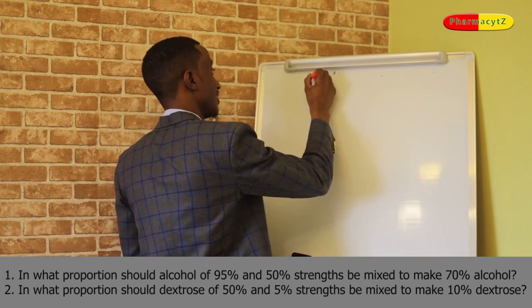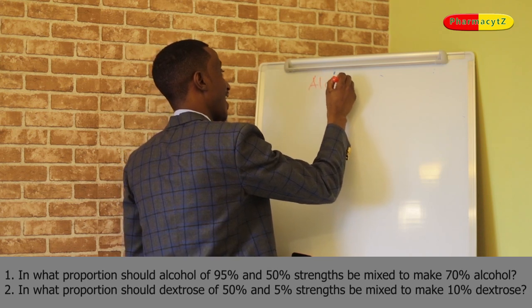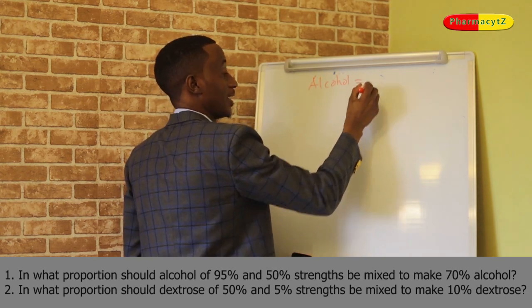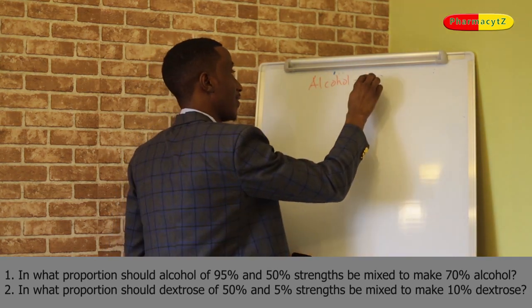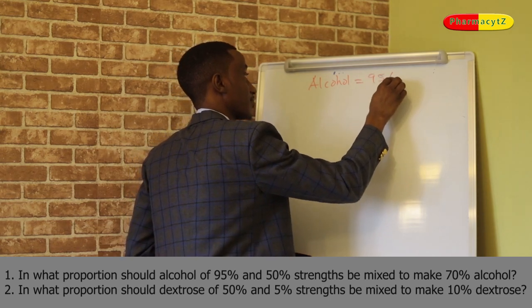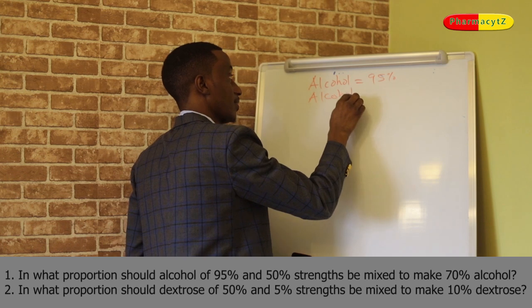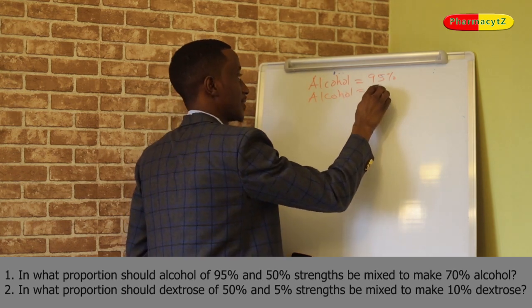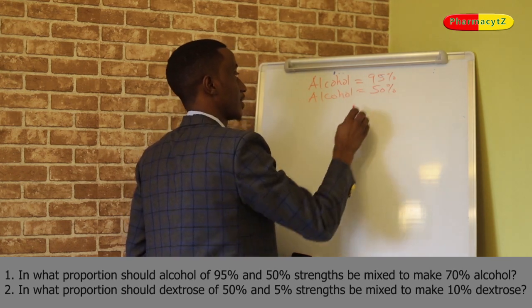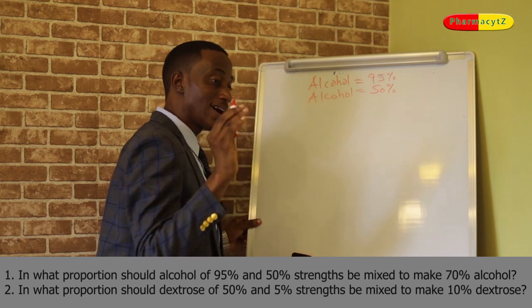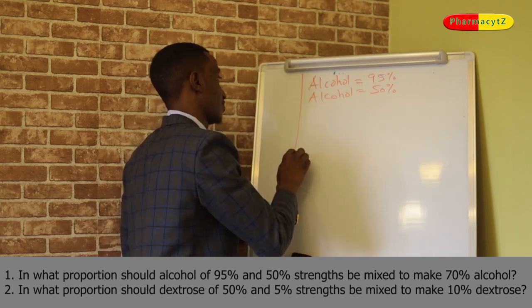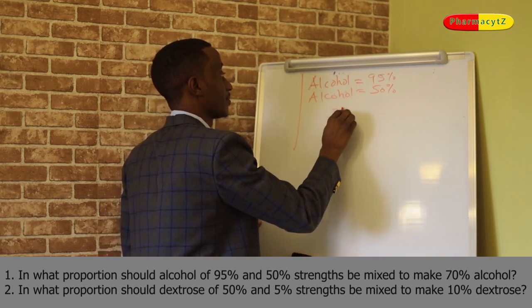Alcohol 1 has got 95%. Then another alcohol has got 50%. Then we need the final alcohol, alcohol 3 here.